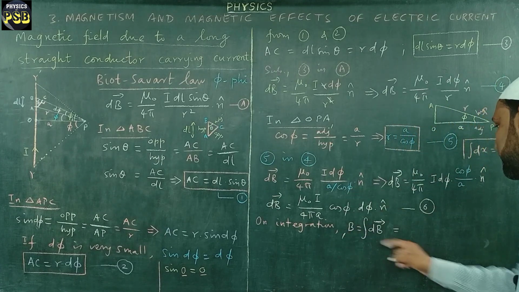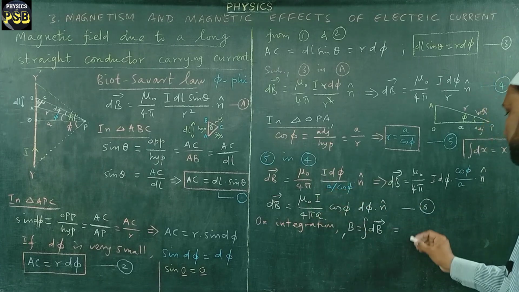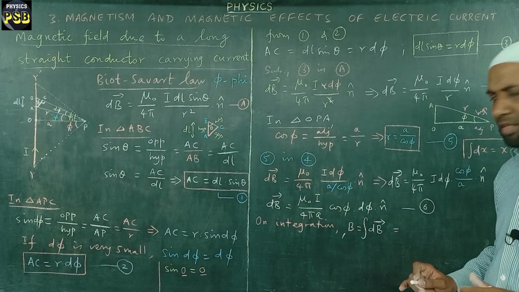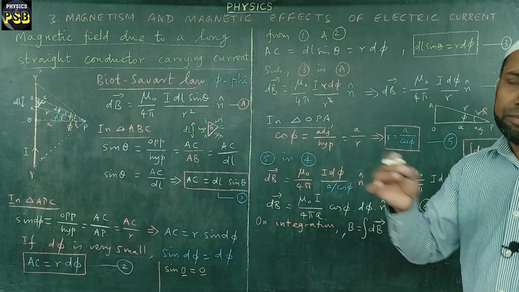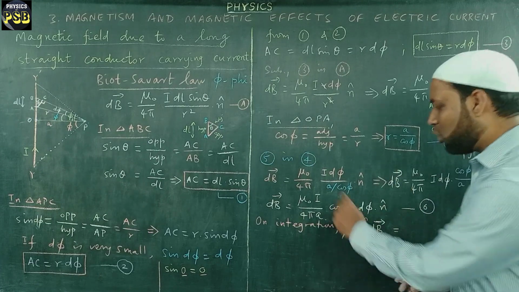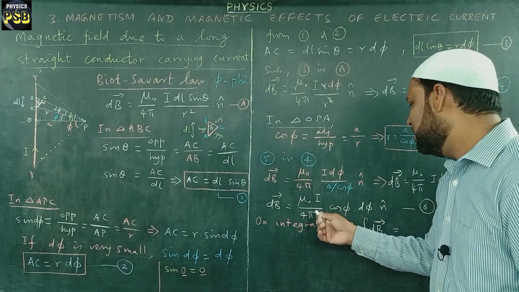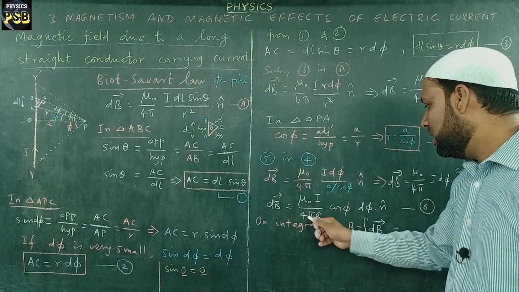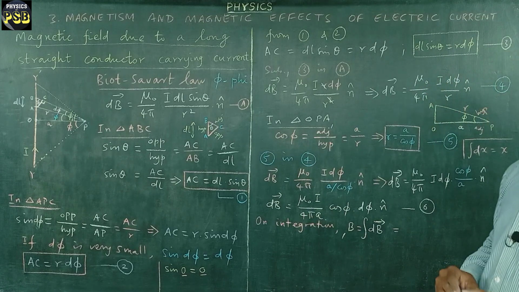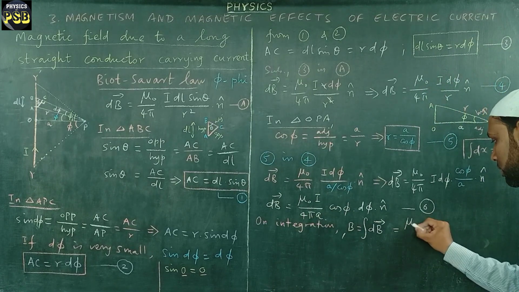Fine. So integrate this part. Whenever we integrate something, we cannot integrate a constant, so the constant term is taken outside. If you look at equation number 6 here, the constant is nothing but mu naught I upon 4 pi a. So I take it out.